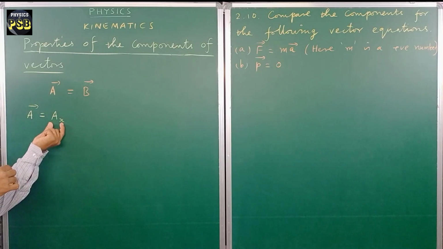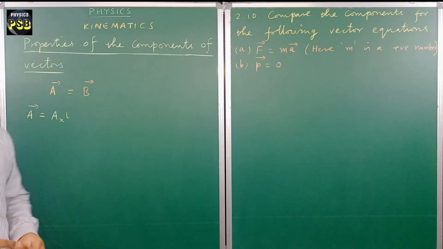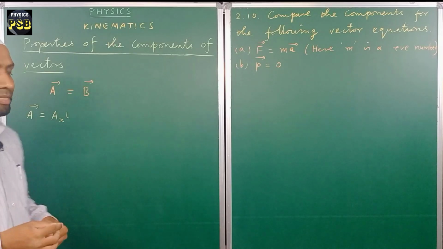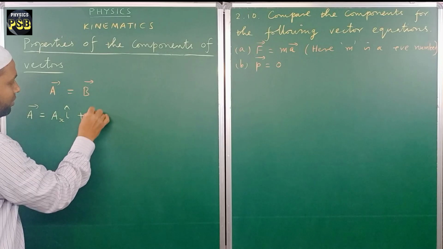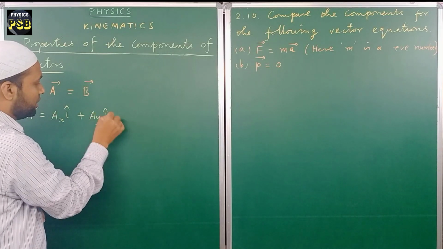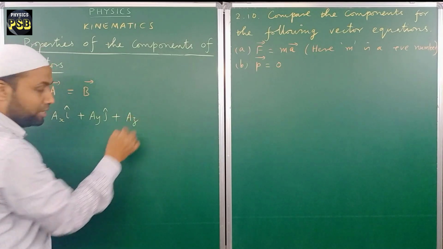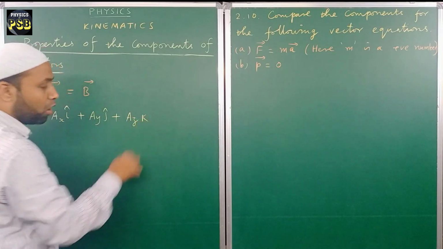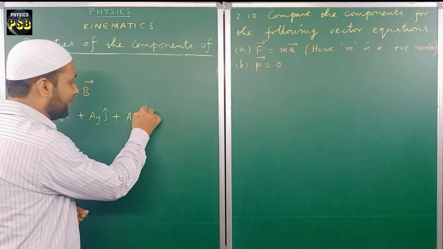Ax is the component of vector A along the x-axis, and the unit vector along the x-axis is i cap. Then the component of vector A along the y-axis is Ay, and the unit vector along the y-axis is j cap. The component of vector A along the z-axis is Az, and the unit vector along the z-axis is k cap.